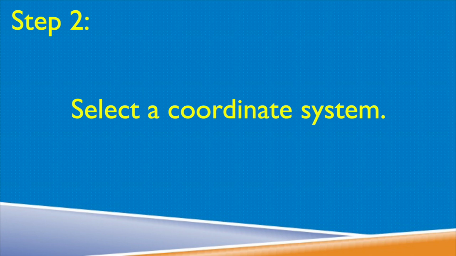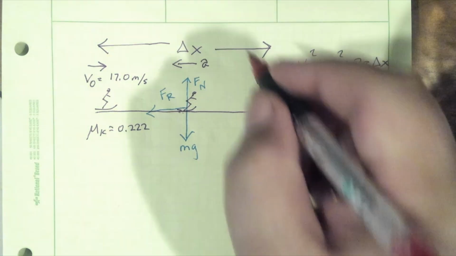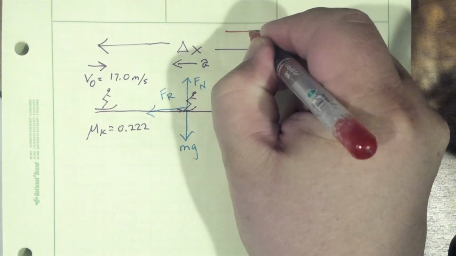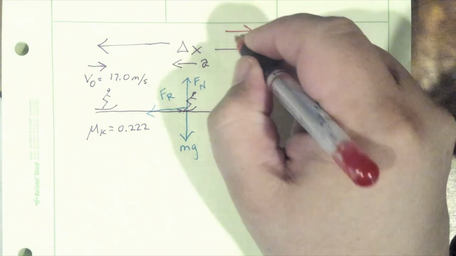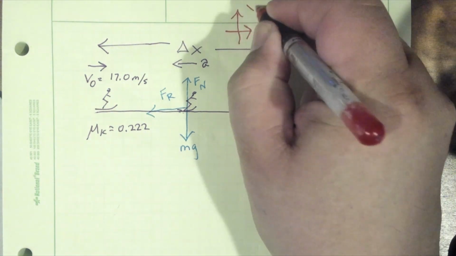The next step is to develop a coordinate system for the problem, and in this case the coordinate system is very straightforward. We can adopt a traditional x and y coordinate system, with x being to the right and y being upward.